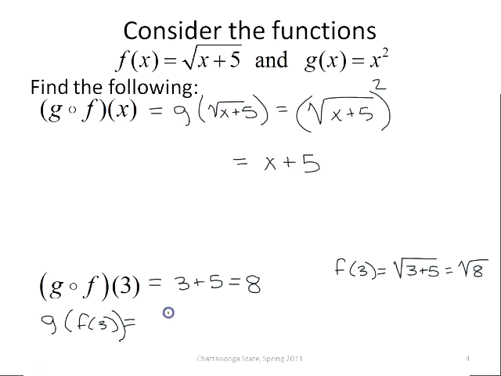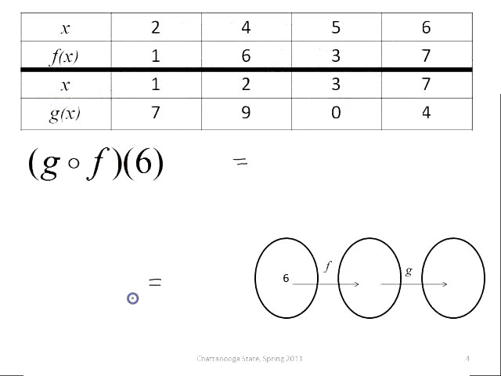So g of f of 3 is the same as having g of the square root of 8. So then if I put the square root of 8 into my function g, I have the square root of 8 squared, which again gives you the 8. So that just gives you a different way to look at finding the value of your composition.